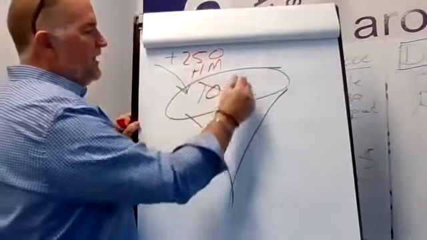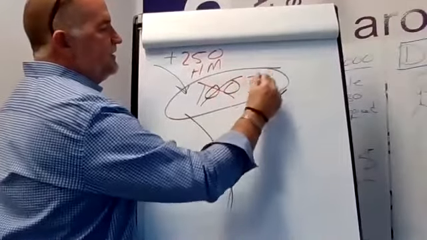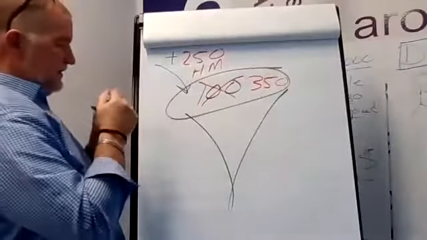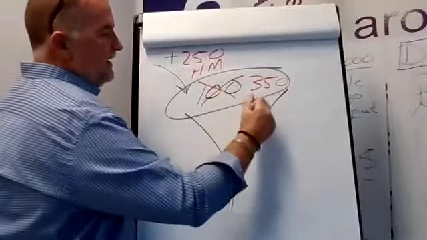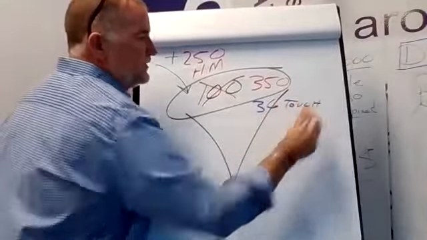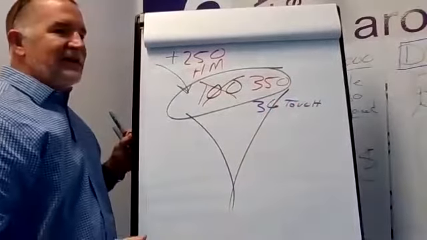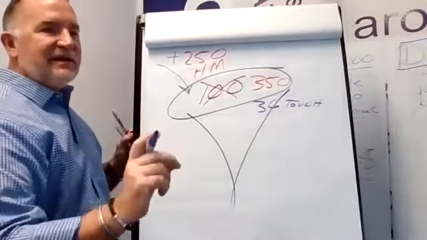So a year from now, you don't have 100 people in your sphere of influence. You have 350 people that you're communicating with using a 36 touch smart plan, creating repeat and referral business.